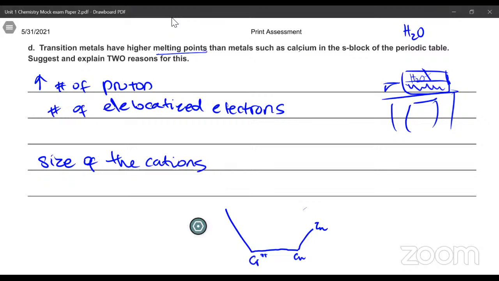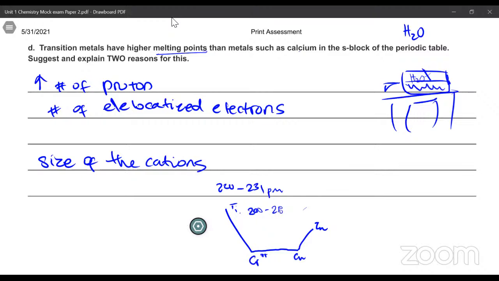But for calcium, the atomic radius is around 220 to 231 picometers, while for titanium, it's around 200 to 218. So it's less than calcium.